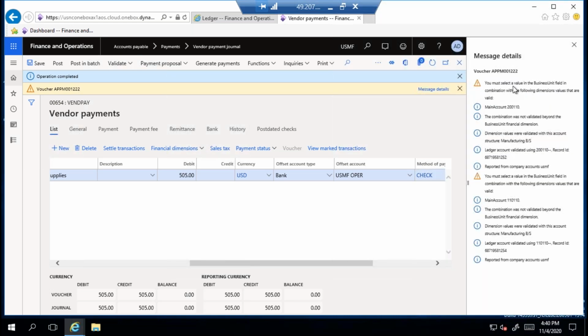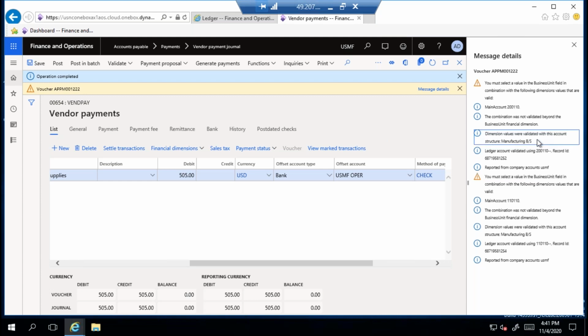You must select a value in the business unit field in combination with the following dimension values that are valid. So for this main account 200110, the combination was not valid beyond the business unit financial dimension. It is telling us that the financial dimension business unit has some problems. Dimension values were validated with the account structure manufacturing BS.